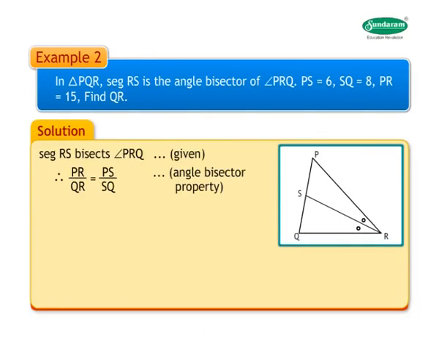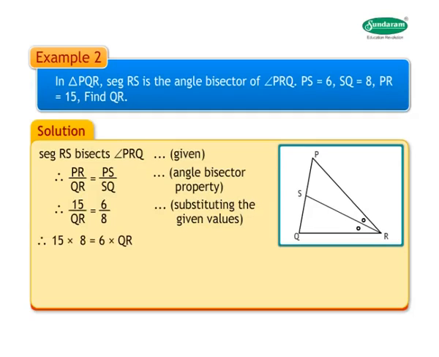Therefore, by angle bisector property, PR upon QR is equal to PS upon SQ. Therefore, by substituting the values, we get 15 upon QR is equal to 6 upon 8. Therefore, 15 into 8 is equal to 6 into QR. Therefore, 15 into 8 upon 6 is equal to QR. Therefore, QR is equal to 20.